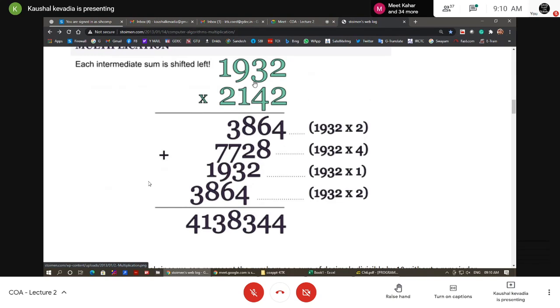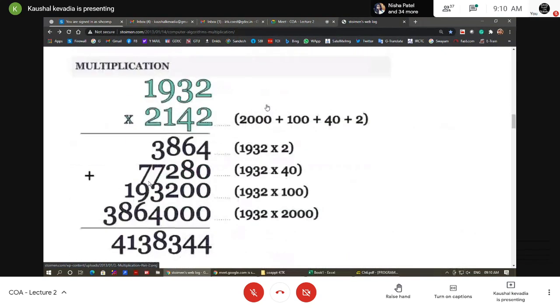Okay, suppose here 1932 and 2142, two numbers are there. If we do the multiplication traditionally, we will do it this way. If you remember the actual multiplication we used in school time, let me take the first digit, 2. 1932 multiplied by 2, I write down here.